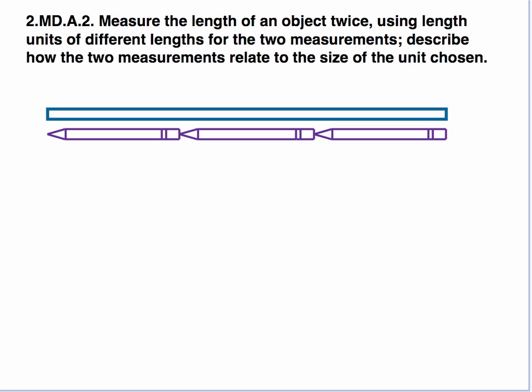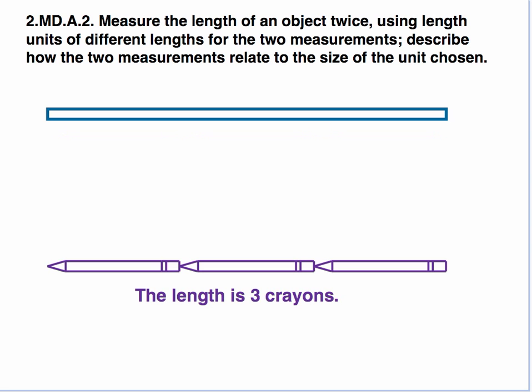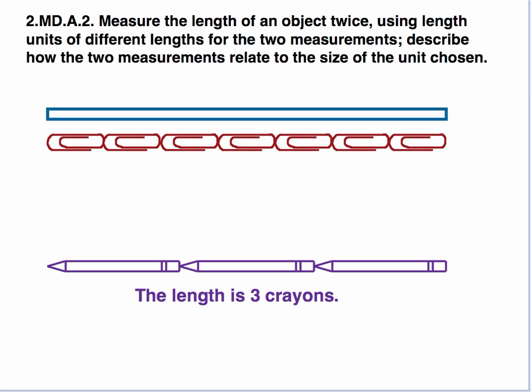We take our crayon, get some additional ones, and lay them end to end with no overlaps, and we see that the length of this segment is 3 crayons. But we have to measure this twice, so let's take a paper clip as our unit of measurement. Get several paper clips, lay them end to end, no overlaps. Count them: 1, 2, 3, 4, 5, 6, 7. So the length is 7 paper clips.